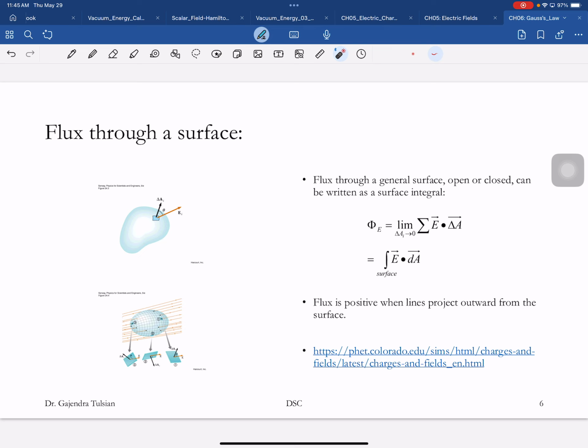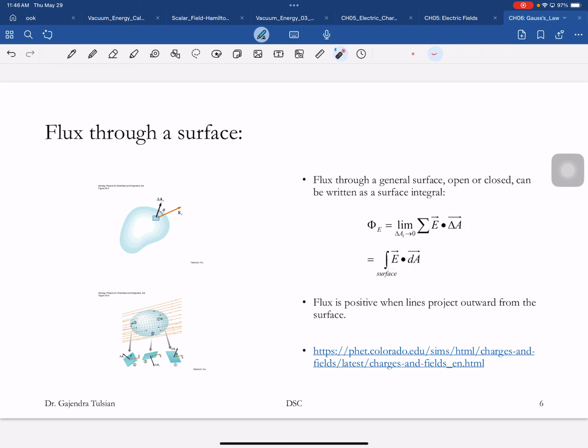The flux through this element is the area vector dotted with the electric field vector at that point. Then we'll sum over all the elements. Now in the limit where these area elements are small, this just turns into a surface integral.